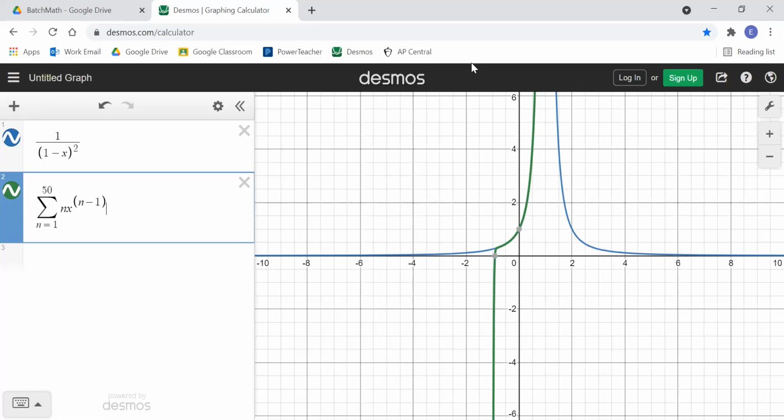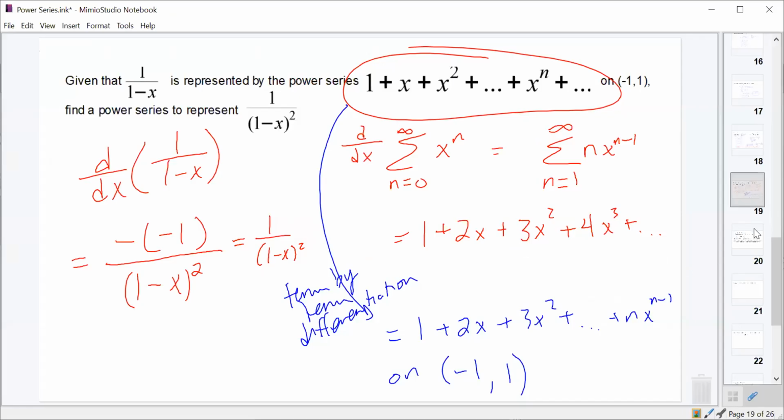Everybody good with that or no? Good. Great. So a very important concept: you can take the derivative term by term of any power series to get a new power series to represent the derivative of the original function.